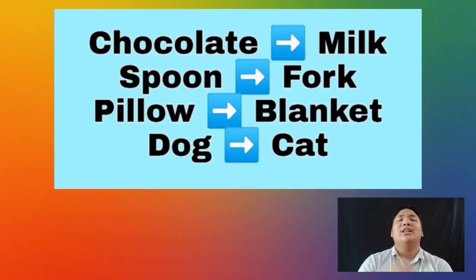Most especially the one-to-one correspondence that was being given to us by group 1, which is the chocolate and milk, spoon and fork, pillow and blanket, dog and cat. I hope that you have already got how relations and functions are different from each other.